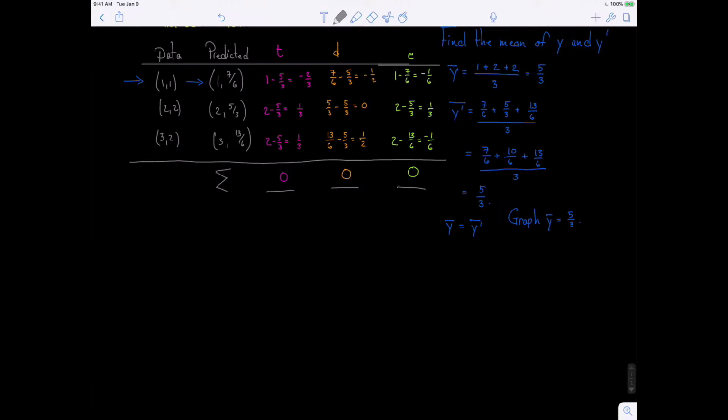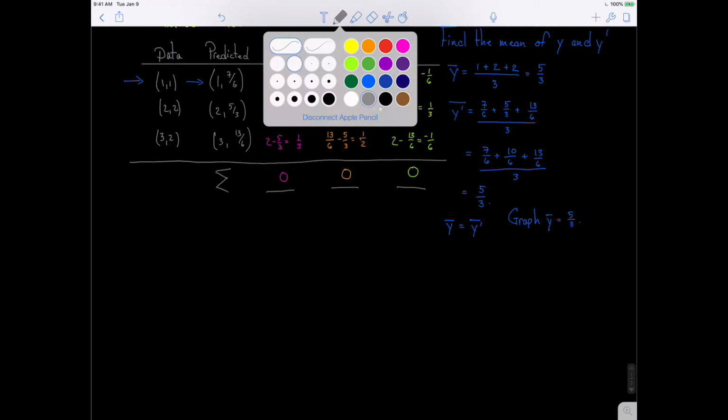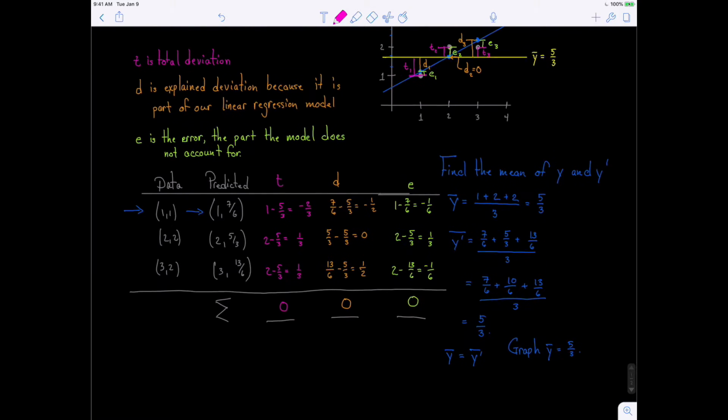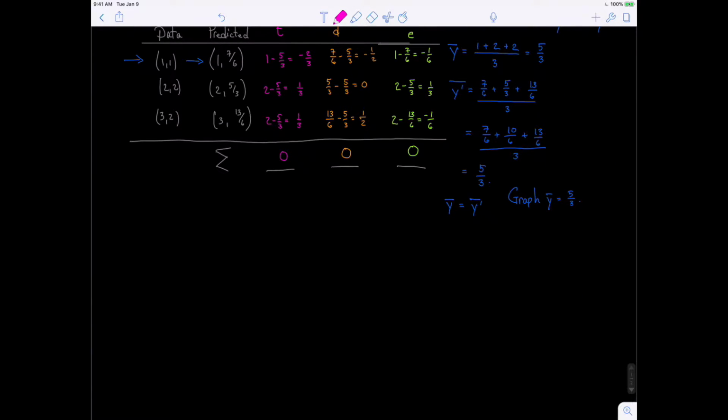We'll keep our colors consistent here. So let's work first with our total variation. All of our t's, this is their total deviation, I should say. So we're going to take the sum of the t's squared. That means I'm going to take negative 2/3 squared plus 1/3 squared plus 1/3 squared.